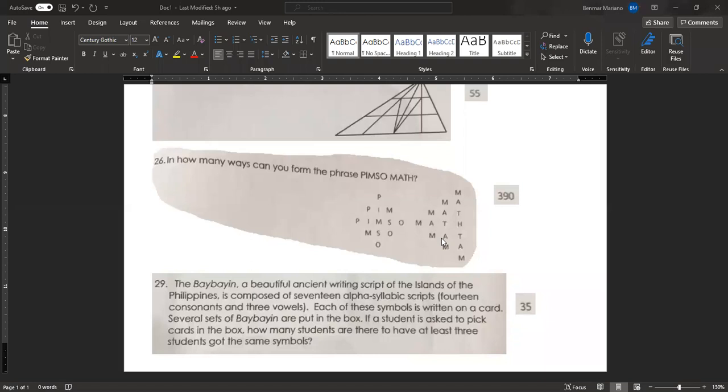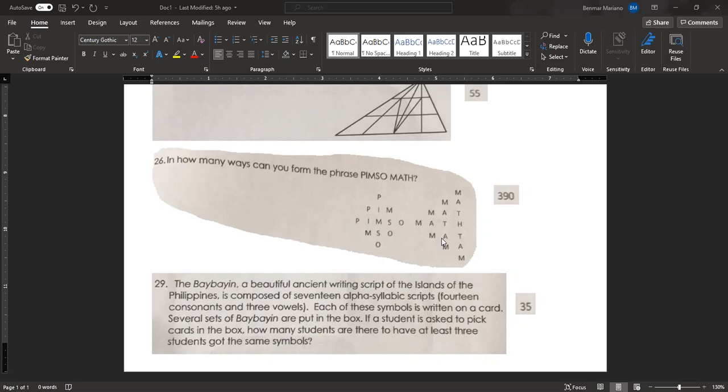I'll download it first. The last item, number 26. Which part? PIMSO or math?